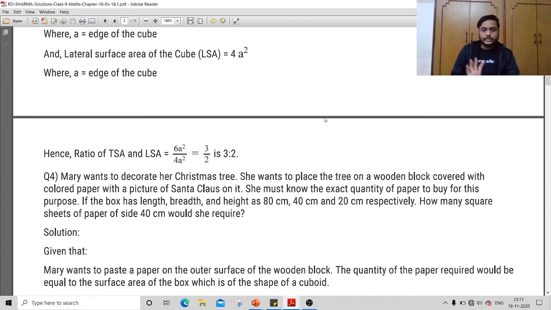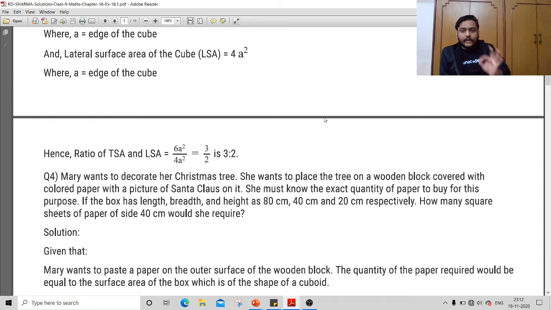If you focus, the question is saying that Mary wants to decorate her Christmas tree, and she wants to place the tree on a wooden block. A wooden block has been made, and she is going to place the Christmas tree on top of it. Just to give it a good look, she is covering the wooden block with colored paper. Now that colored paper has the picture of Santa Claus on it.